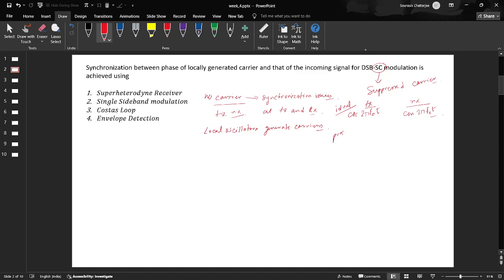But in practice, what happens is, if the transmitter generates cos 2 pi fct, the receiver generates cos 2 pi fct plus phi, some phase offset. This is what we call lack of synchronization.